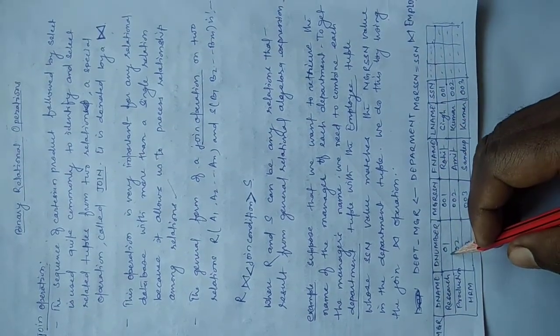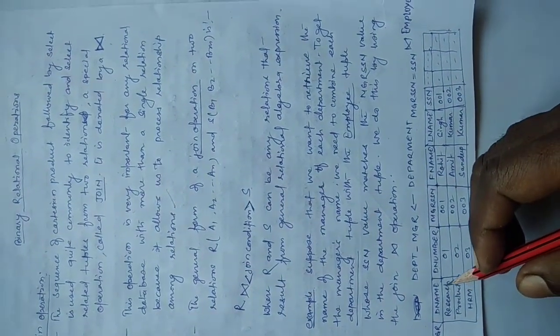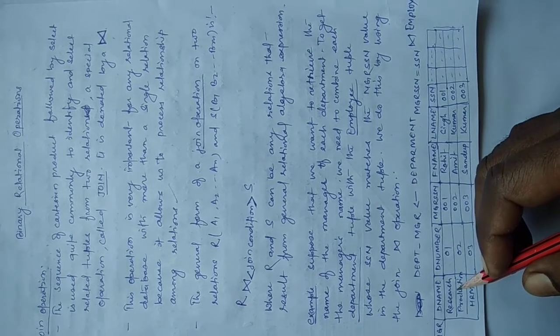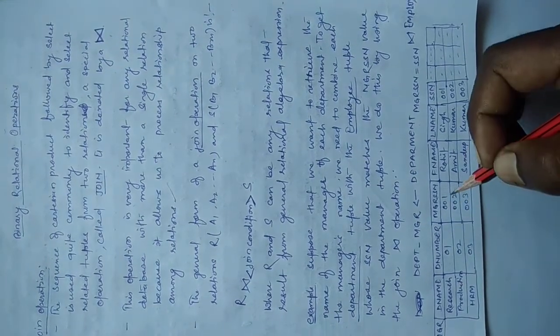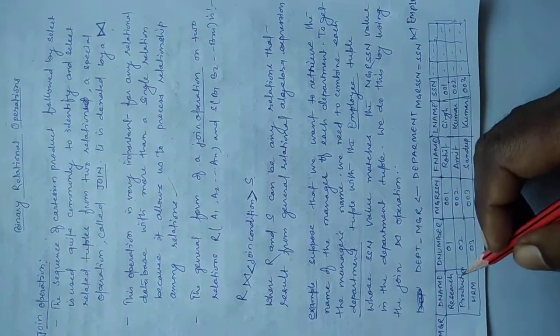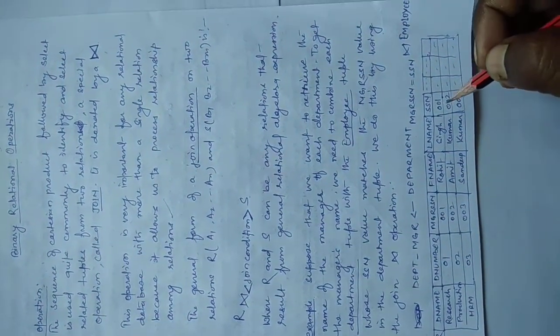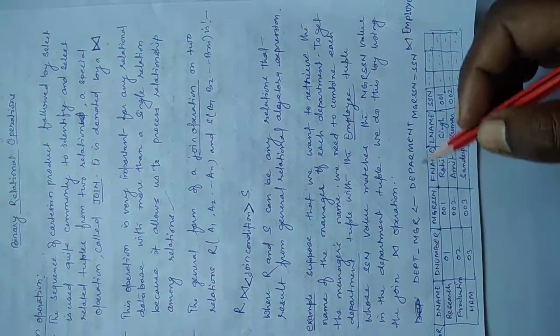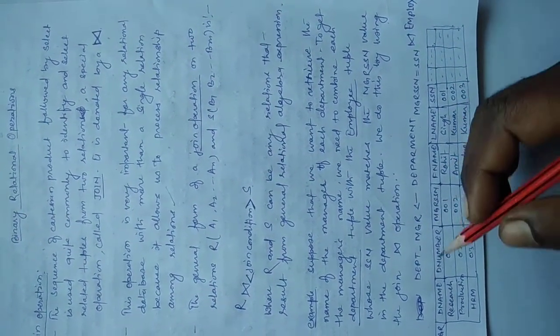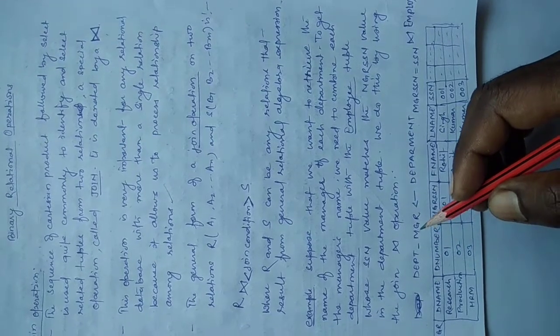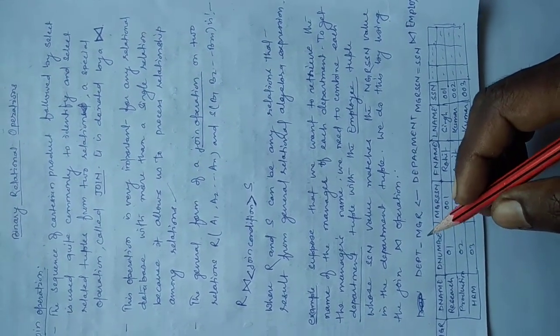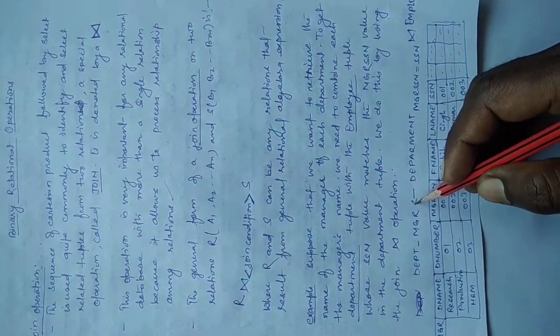That is the result: first department name, department number, manager SSN, which are part of the department table, and this is part of the employee table, and this result is stored in department manager.